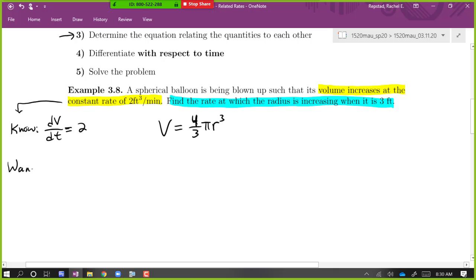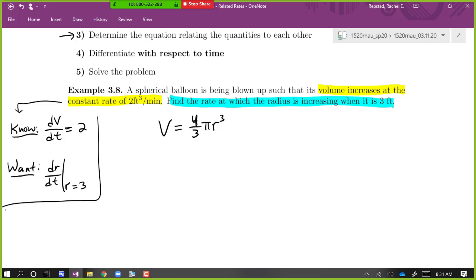So that's what we want. The rate at which the radius is increasing, that's dr/dt. And we want to know what it is when r is equal to 3. Before we go any further, are there questions on how we've parsed out this problem and identified those rates that we were given and what we want?